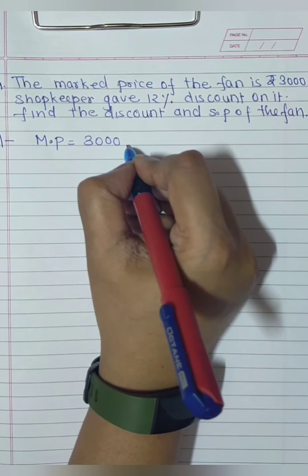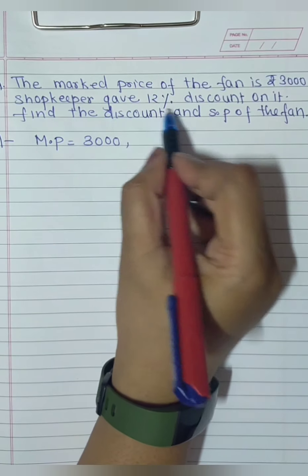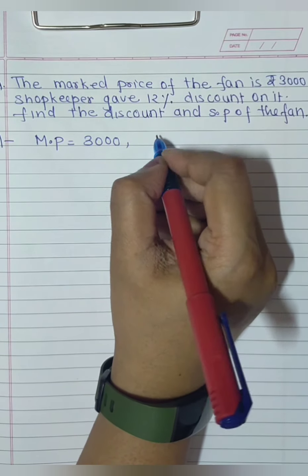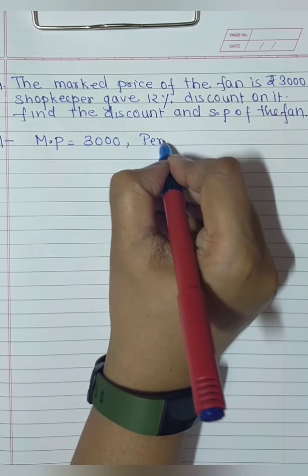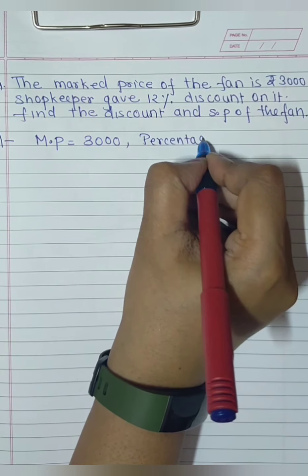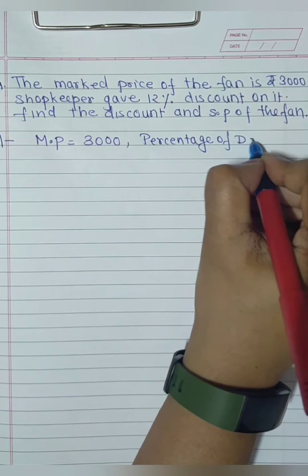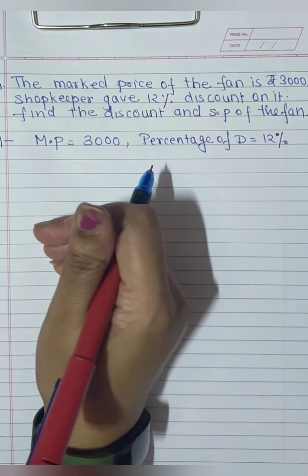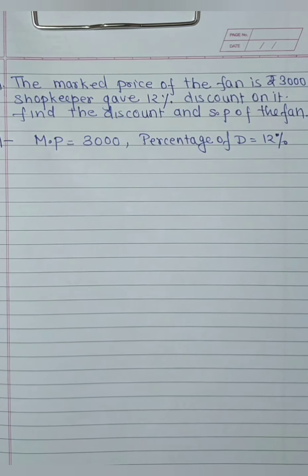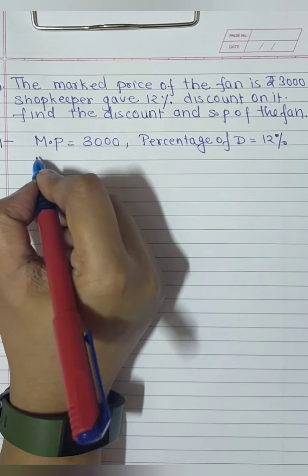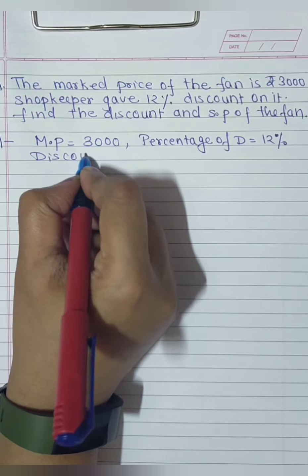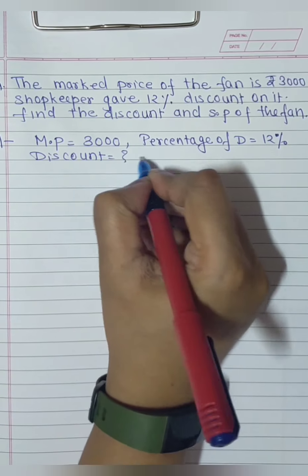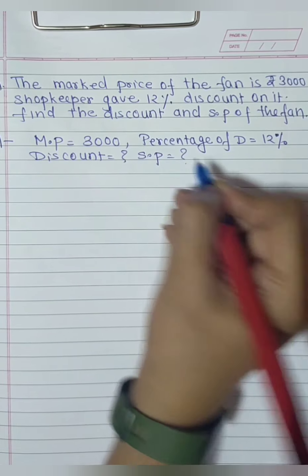Now MP is given 3000. Okay, and percentage of discount is 12%. Now here we have to find the discount and selling price of the fan.